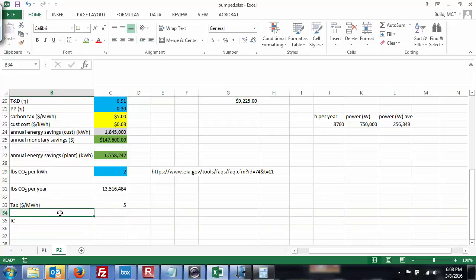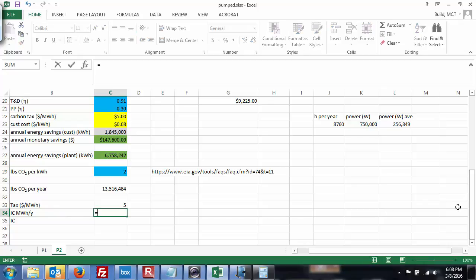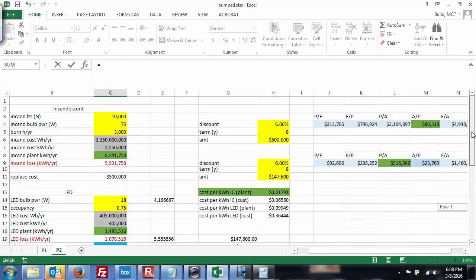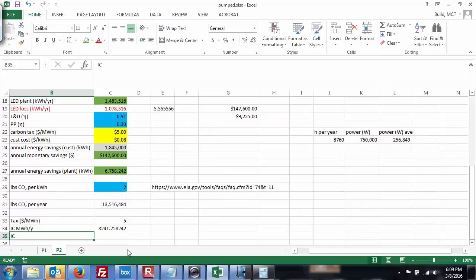Let's just do IC megawatt hour per year equals kilowatt hours per year divided by 1,000. Right?